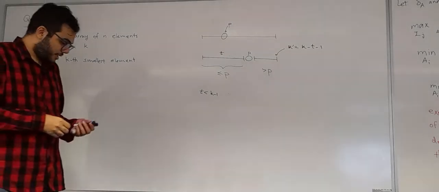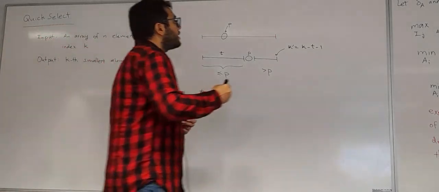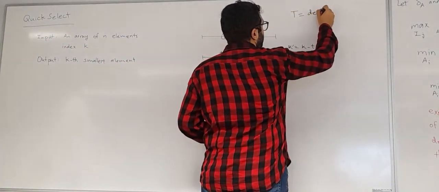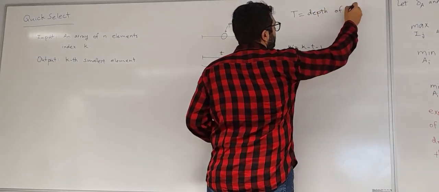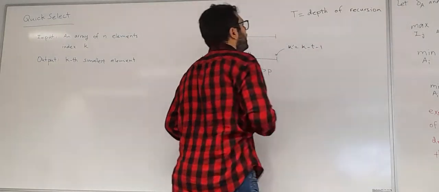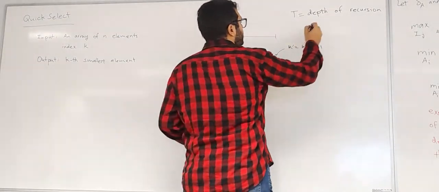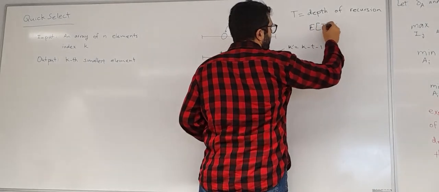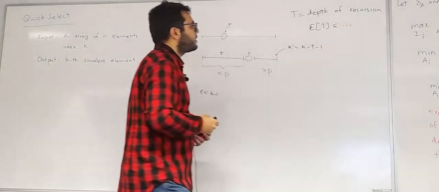So let's say that T is the depth of recursion. And of course, T will depend on n, which is the size of the array. And what I'm interested in is the expected value of T. And I want to show that this expected value is at most some amount.